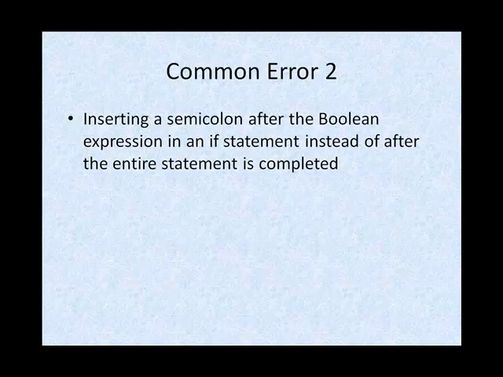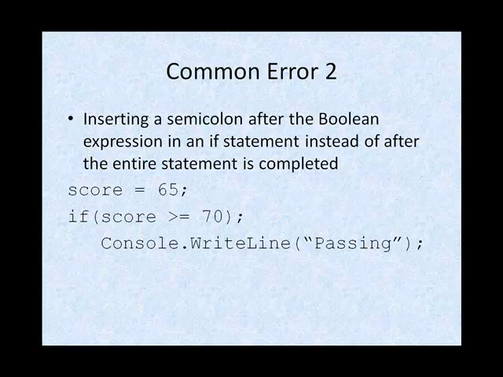Another mistake is inserting a semicolon after the Boolean expression in an if statement instead of waiting until the entire statement is complete. This is easy to do because in C# you get used to inserting semicolons at the end of many lines, but they don't belong at the end of every line. For example, if you set score to 65 and then say if score >= 70, WriteLine passing, this semicolon will cause a logical error.